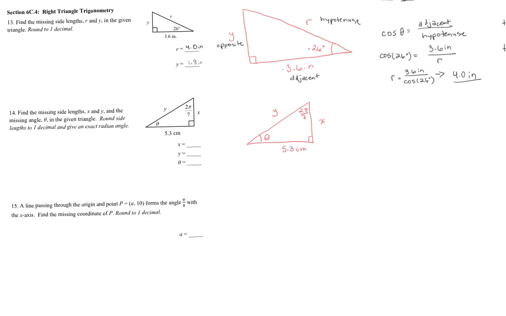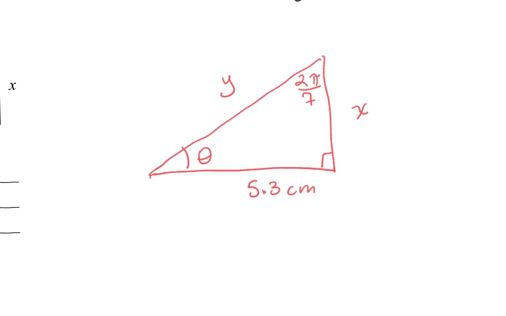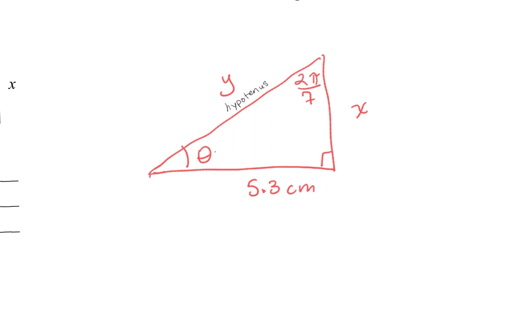So again, let's start and label each side. Regarding theta, this side is a hypotenuse regardless, right? To theta, this is the opposite side, and this is our adjacent. I'll make our theta related stuff black.